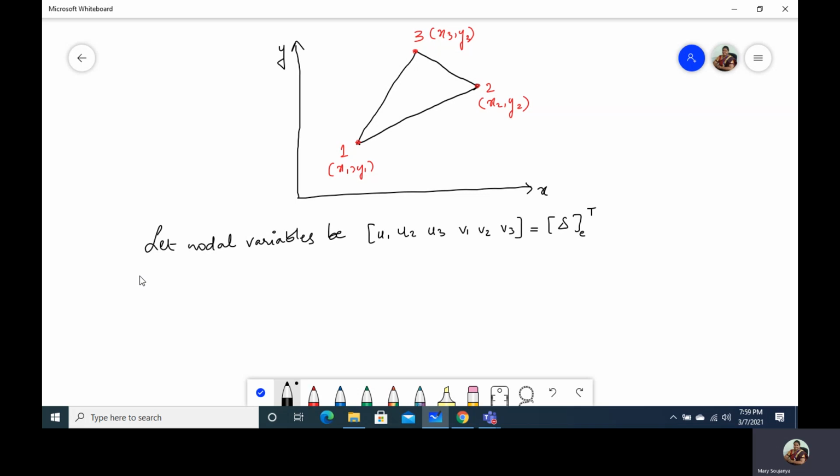Alright, now to go forward, we have seen what the compatibility requirements are for the analysis of the problem.